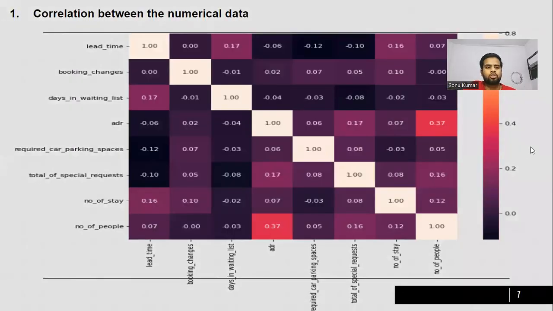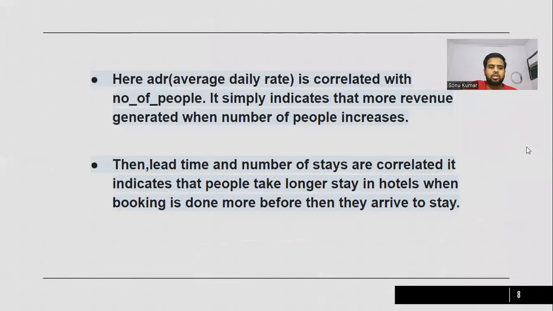So if we talk about the correlation between the numerical data, in this graph we have discussed the average daily rate, that is ADR, which is correlated with the number of people. It simply indicates that more revenue is generated when the number of people increases.